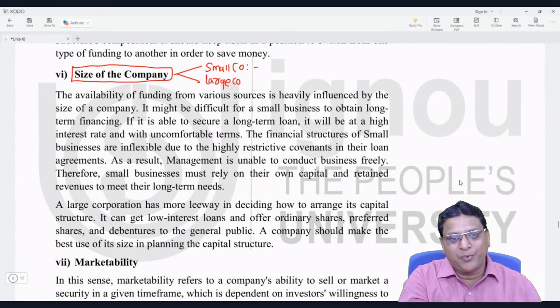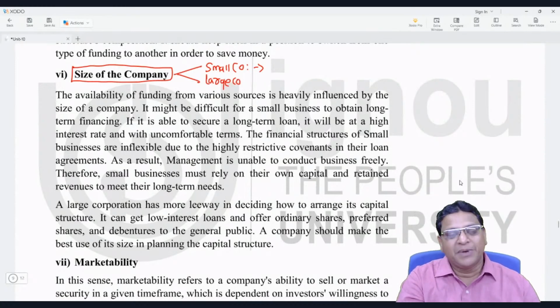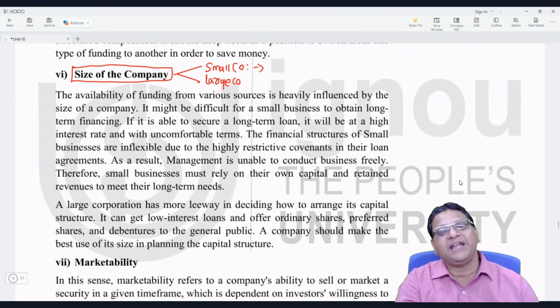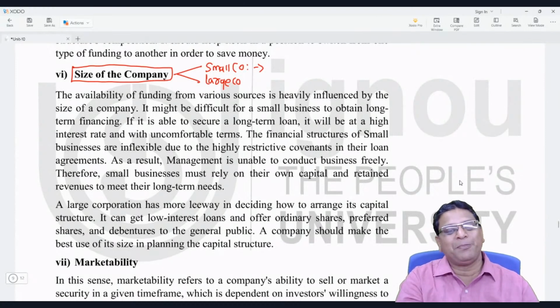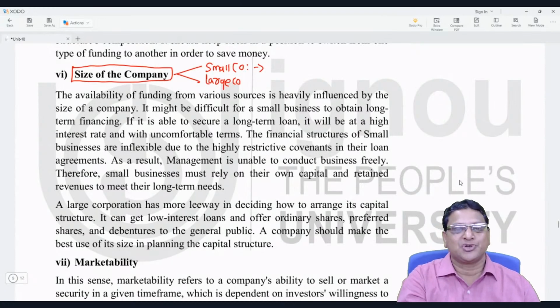So if they approach the bank for finance, very few banks will give them finance. So small companies largely depend upon own capital. They depend upon equity capital and retained earnings. So small companies use more equity capital or more own capital.